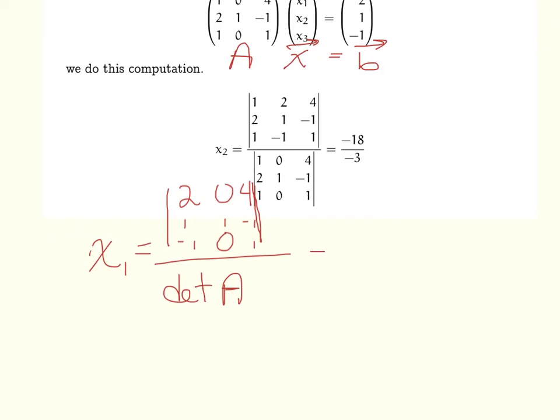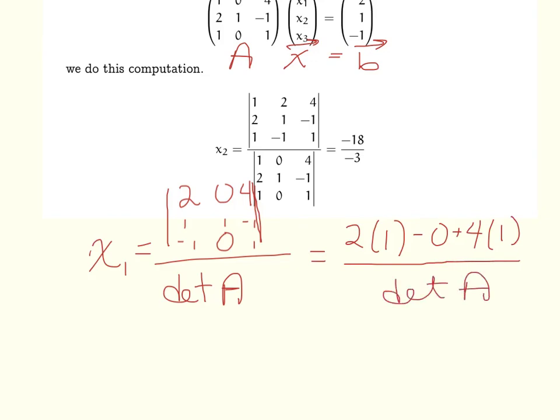So that's equal to this determinant at the top. Oh, there are lots of zeros. How nice. I'm going to go along the first row. Right here. 2 times 1 minus 0 plus 4 times 0 minus 1, 4 times 1, divided by original determinant of A, which I'll let you find.